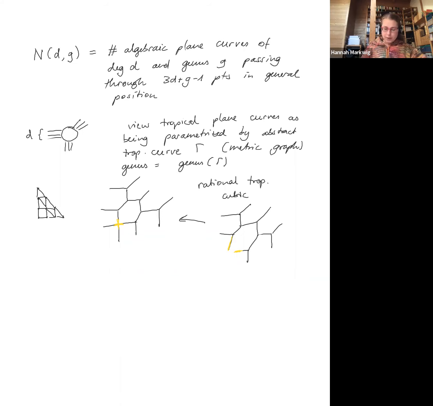Okay, and then as I also said, we discussed the dimension of the moduli space of tropical curves. Let me put it differently.